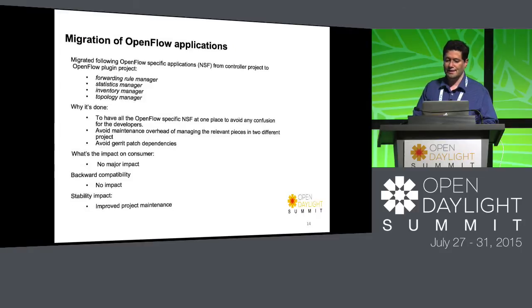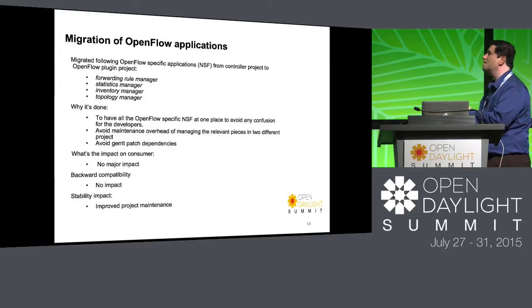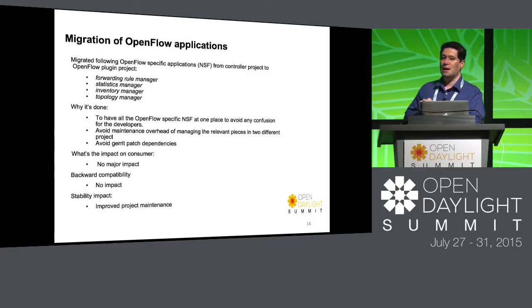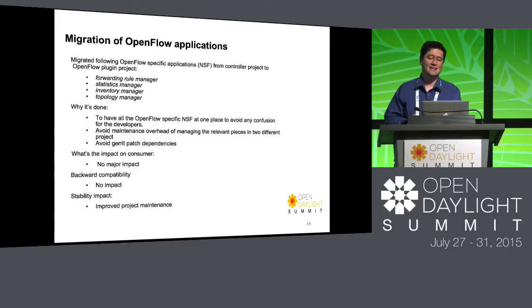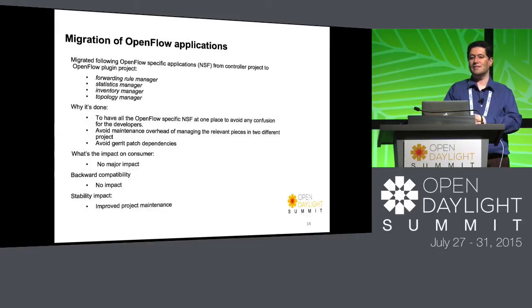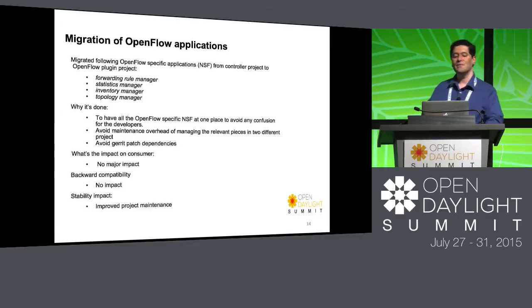The next one is a similar effort, the migration of OpenFlow applications. Several of these applications, what people commonly call the network service functions, NSFs, were present in the controller project: the forwarding rules manager, the statistics manager, the inventory manager, and the topology manager. When you had to do a change in these, people had to do the changes in two different places, one in the OpenFlow plugin and one in the controller.